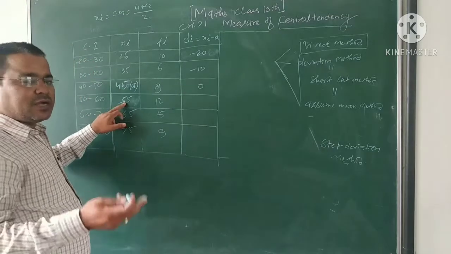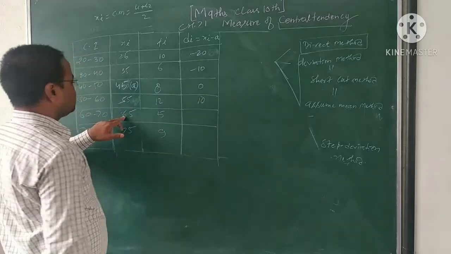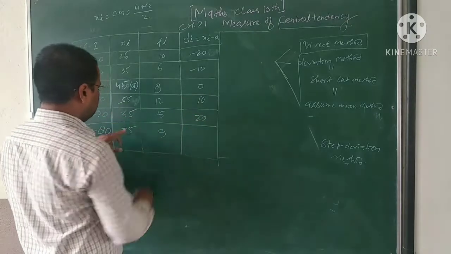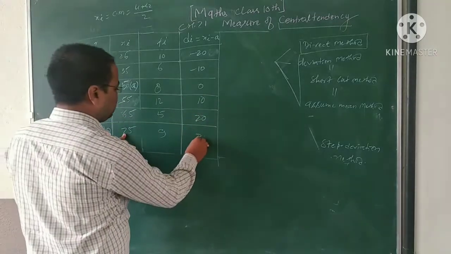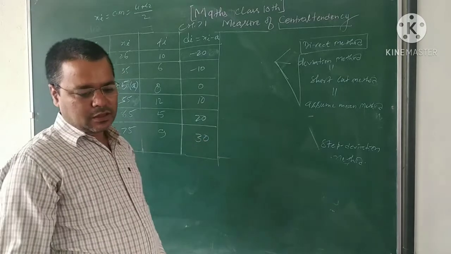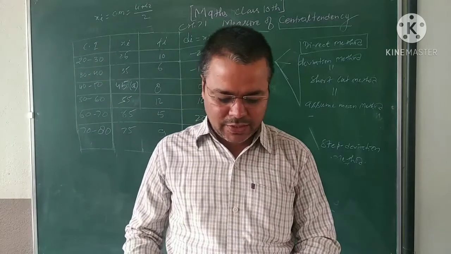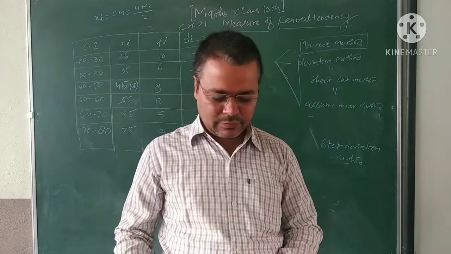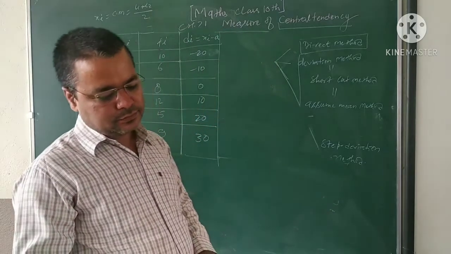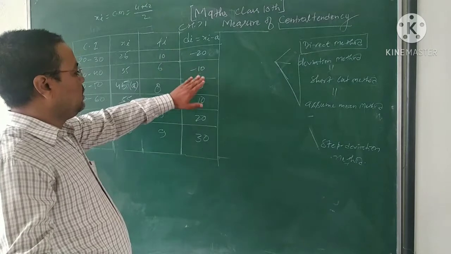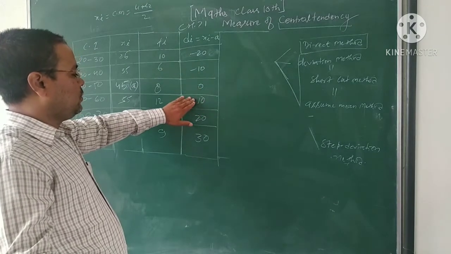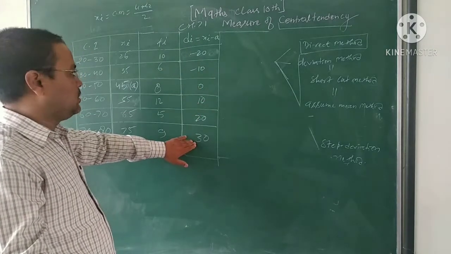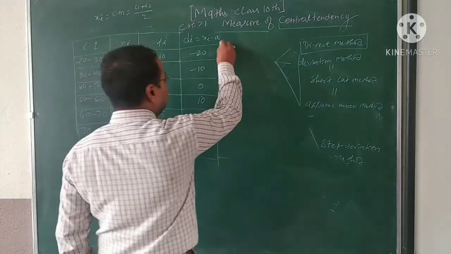Here 55 minus 45, that will be 10. Here 65 minus 45, that will be 20. 75 minus 45, that will be 30. So in this way, we can find it: minus 20, minus 10, 0, 10, 20 and 30. Now again, we make a column.